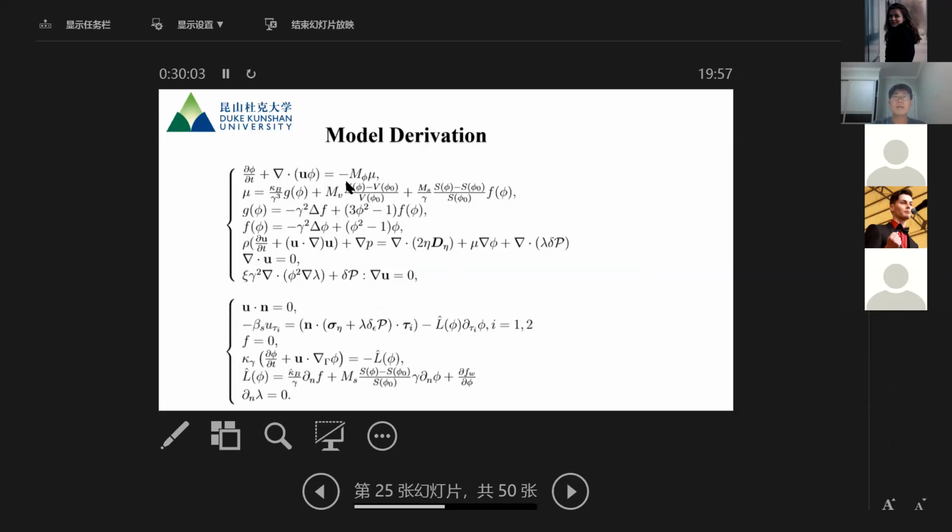So my u means the velocity. I just use phi to check how my cell moves. This first equation is to track my cell motion.